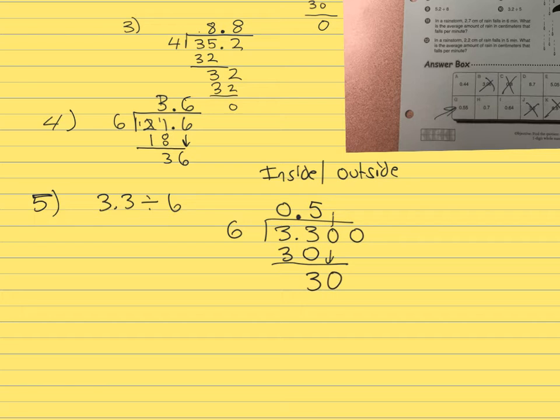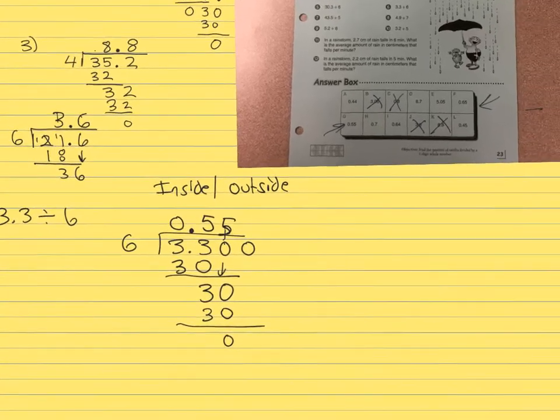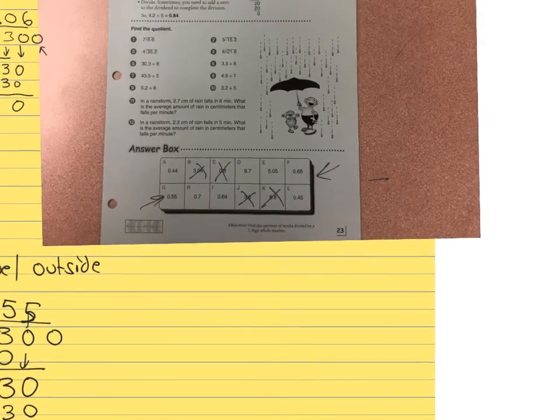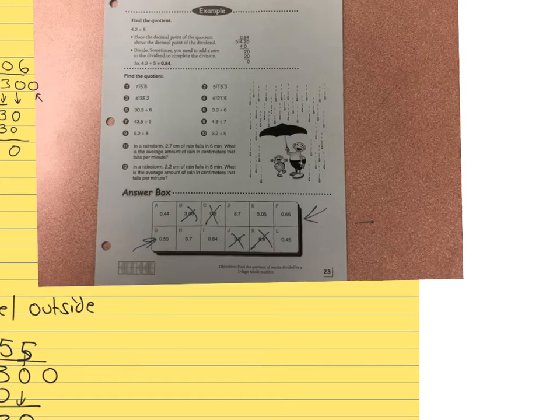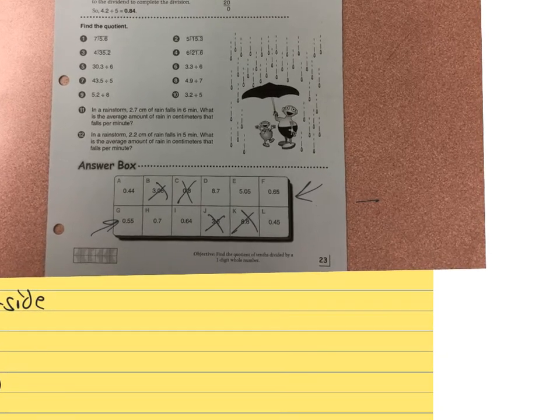So bring down the 0. 6 times what goes into 30? Look down my multiplication chart on my 6's. 6 times 5 is 30. Okay, so I got 30. Draw a line. Minus, there's 0 left over. So the answer is 0.55. There it is.